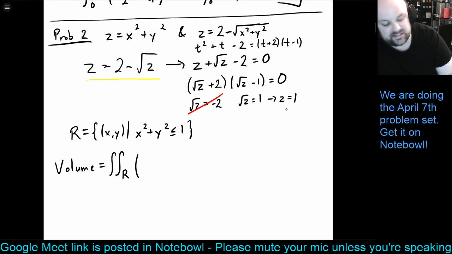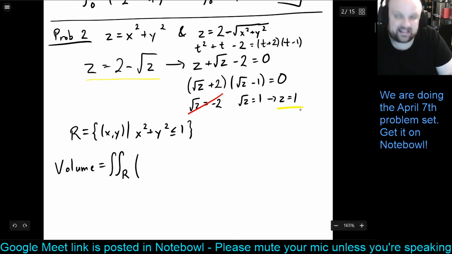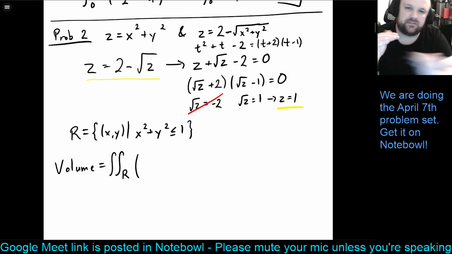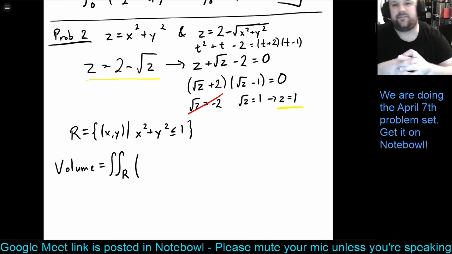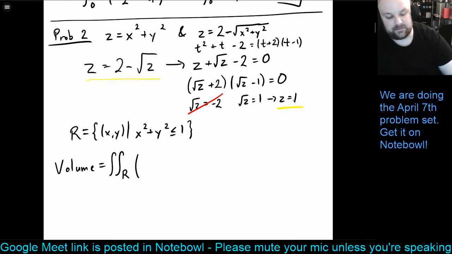So the height where those two functions intersect is z equals 1. And to figure out the shadow of this shape, the intersection is the widest part, so we just need to figure out the radius of that circle. If we plug z equals 1 into either equation, we find it's a circle of radius 1. So that's this right here.